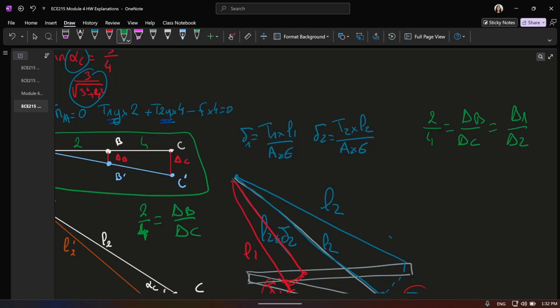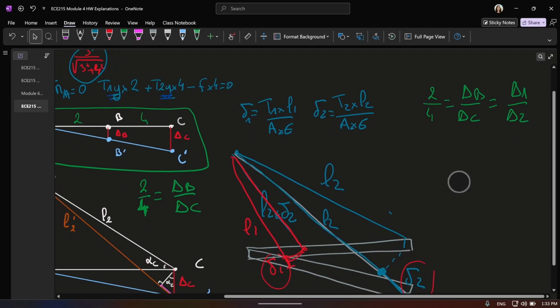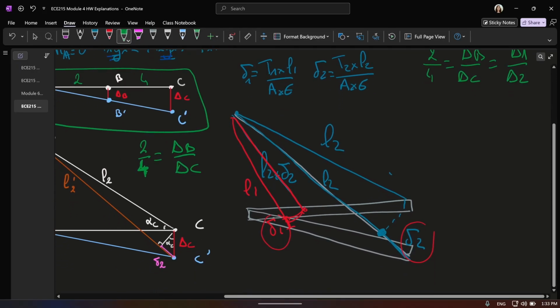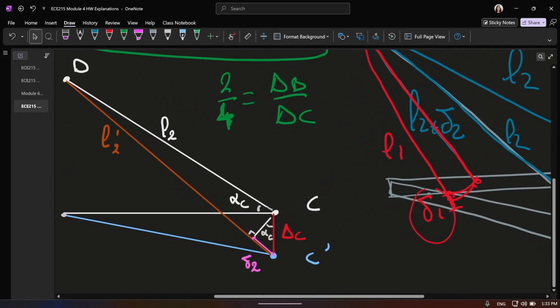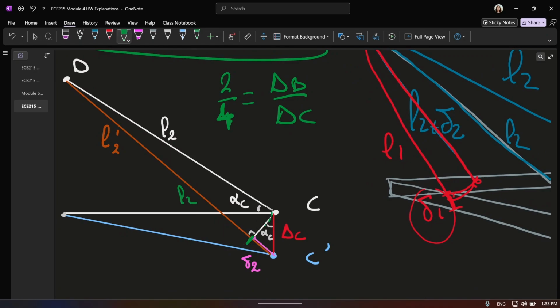Okay, I use kind of different notation. But notice the uppercase delta is not the little delta over there. If we look closer at my little delta and my bigger delta, this distance all the way to there is L2, at an angle, and this one is a little delta 2.